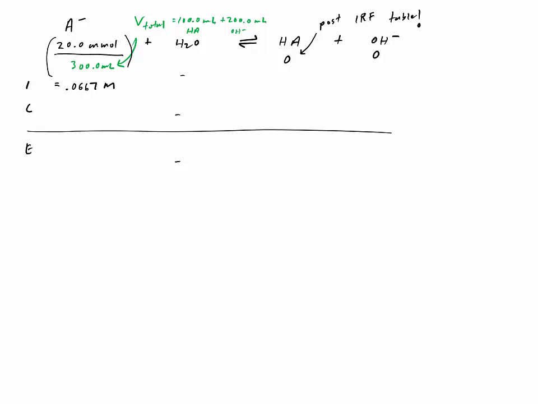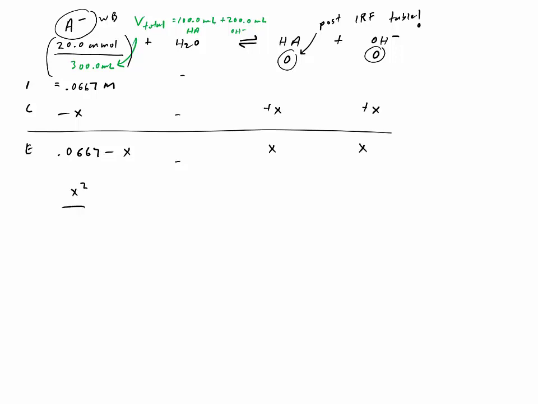After all this action happens when you add the strong base to the weak acid, and when all the dust has settled, what is left? This is what's left: 0 of that and 0 of that. Then you have tons of this, so it goes on to act like a weak base. It just turns into a weak base problem at the equivalence point. So this would be minus x, and plus x. And so this is 0.0667 minus x, and x.